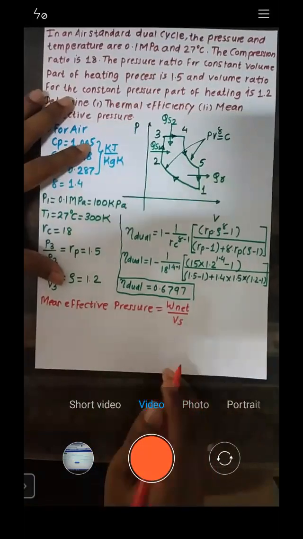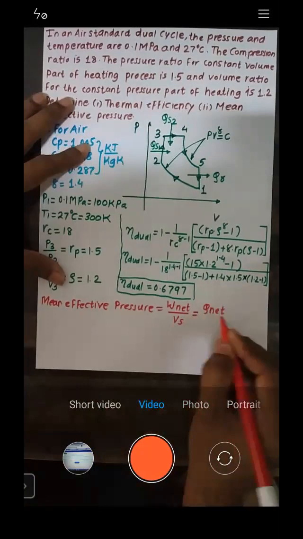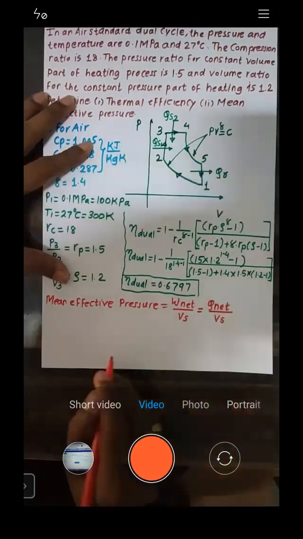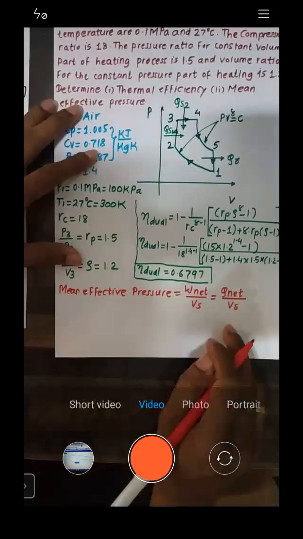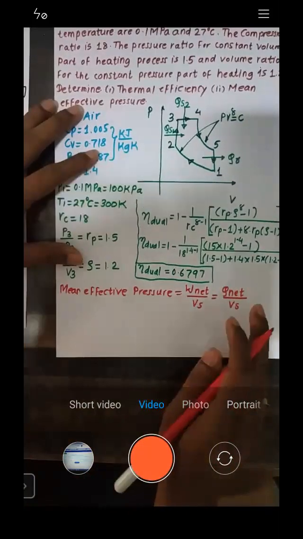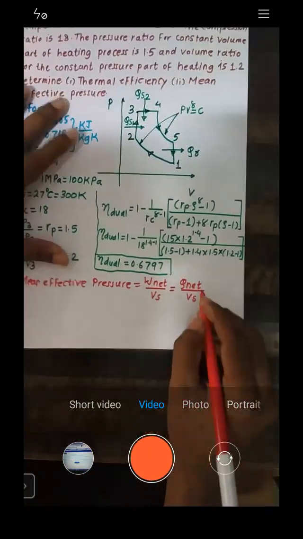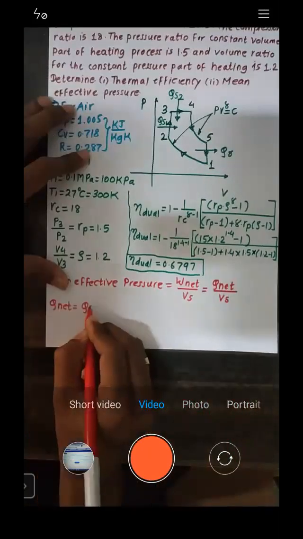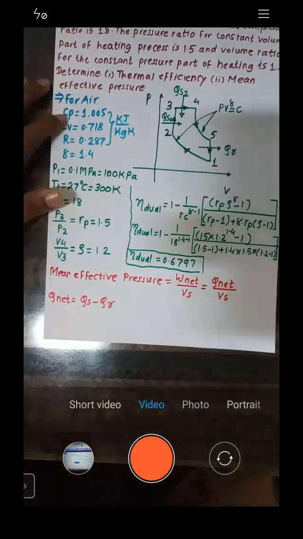When we apply the first law, W net is equal to Q net. What is net heat? How to calculate net heat transfer? Net heat transfer is given by the heat supplied minus the heat rejected.